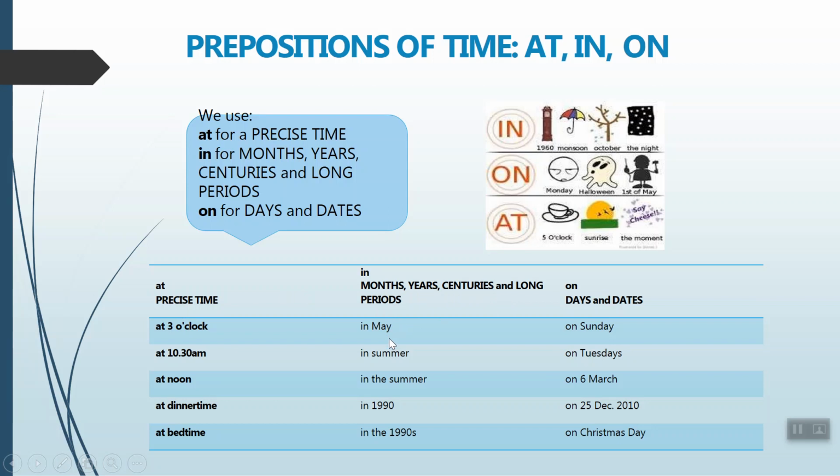In, as I said, is for months, years, centuries, and long periods. In May, in summer, in 1990, in the 1990s. On is for days: on Sunday, on Tuesday, on the days of the week, on 6th March. When you put a number, you say on, without a number, in May.